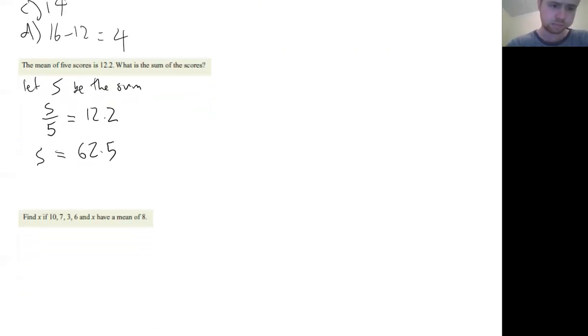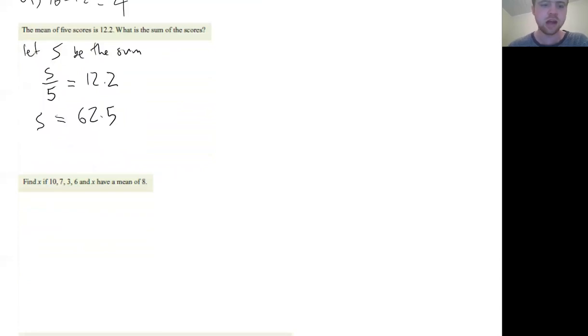Let's look at this one here. So we're going to find out the score of X if 10, 7, 3, and 6 and X have a mean of 8. So similarly, we already know the mean, but this time we're trying to find the value of a particular score out of a data set. So we know that obviously the mean is the total scores divided by the number of scores.